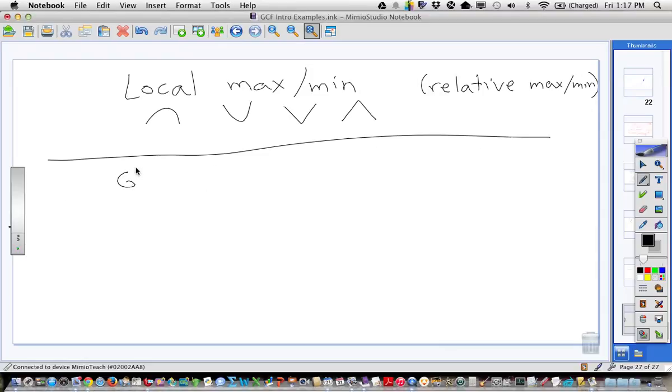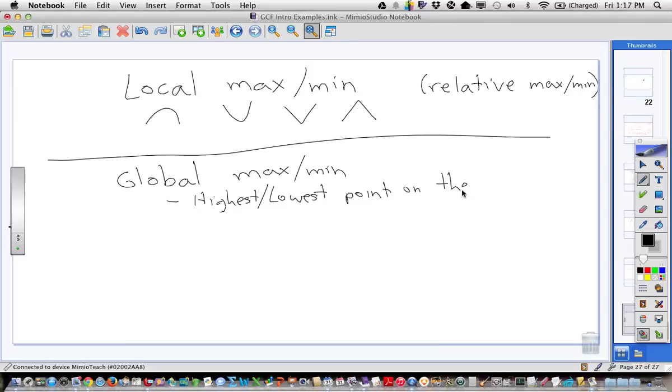We also have what's called a global max and min. Now, this is a little different. A global max or min is the highest or lowest point on the interval.